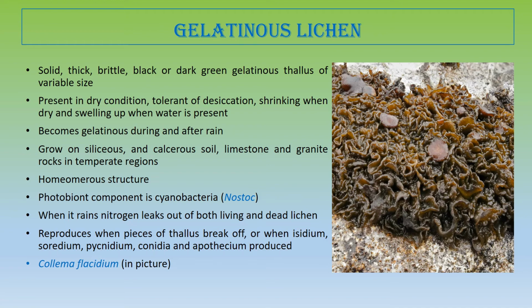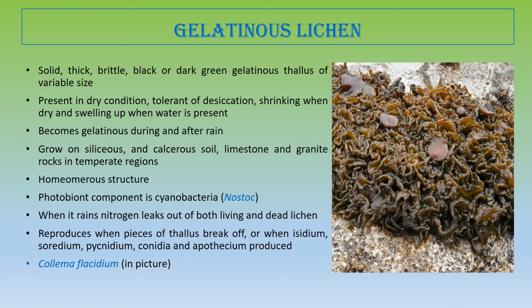Now this lichen, being of homomerous structure, reproduces vegetatively by fragmentation or asexually by Esidia, Soredia, Pycnidia, Conidia, and it also reproduces sexually by Carpogonia and Spermatogonia, which produce ascospores in the apothecia.